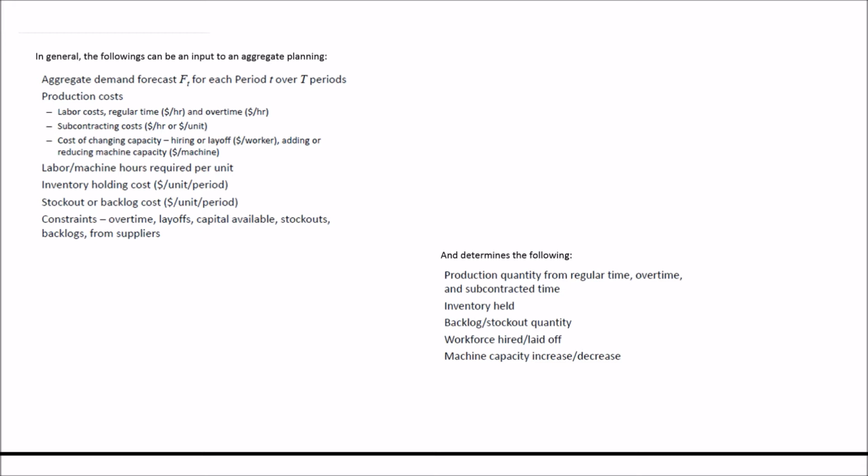You may want to hire or lay off workers, you may want to add machine capacities. You have labor or machine hours required per unit, inventory holding cost, stockout or backlog cost, and some constraints like overtime. You may have a restriction on overtime, layoffs, capital available, stockouts, backlogs, and so on.